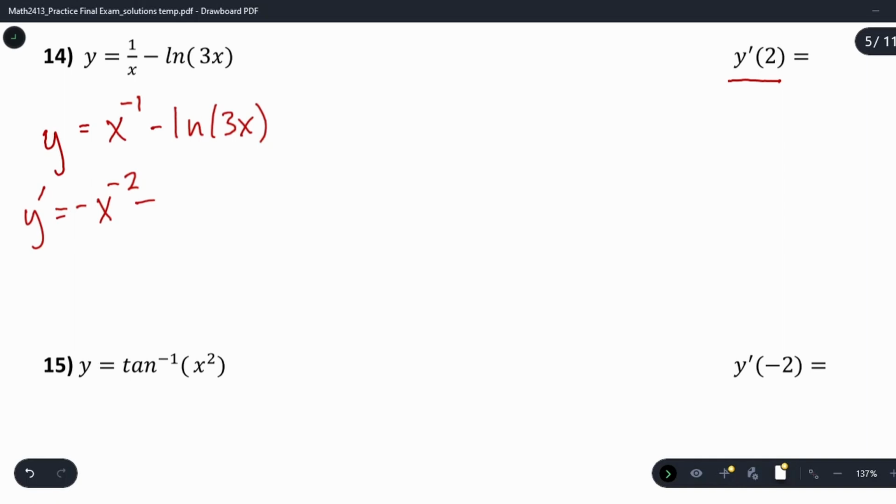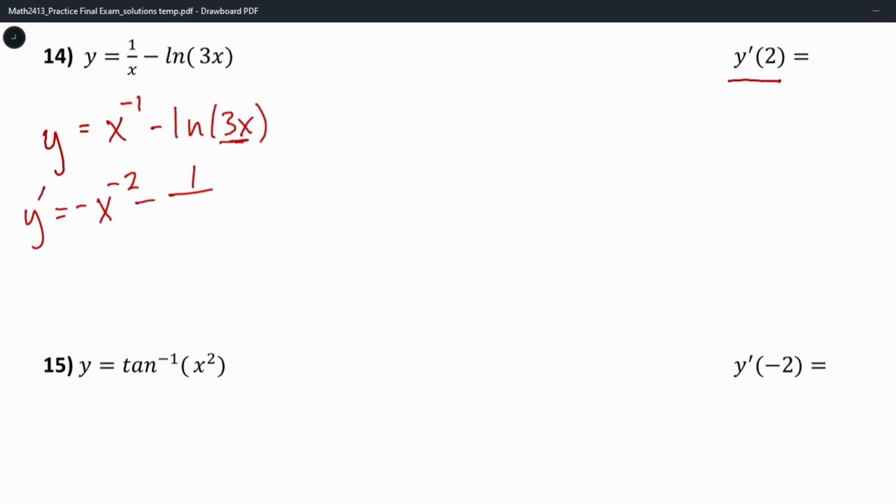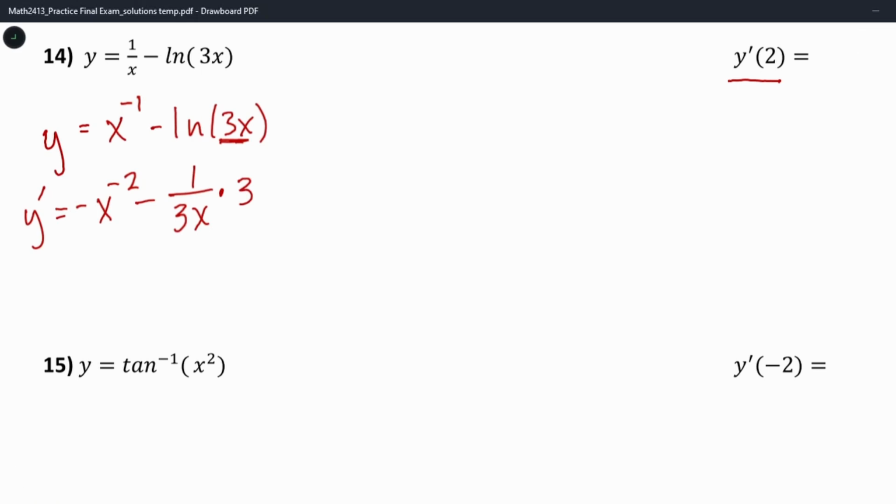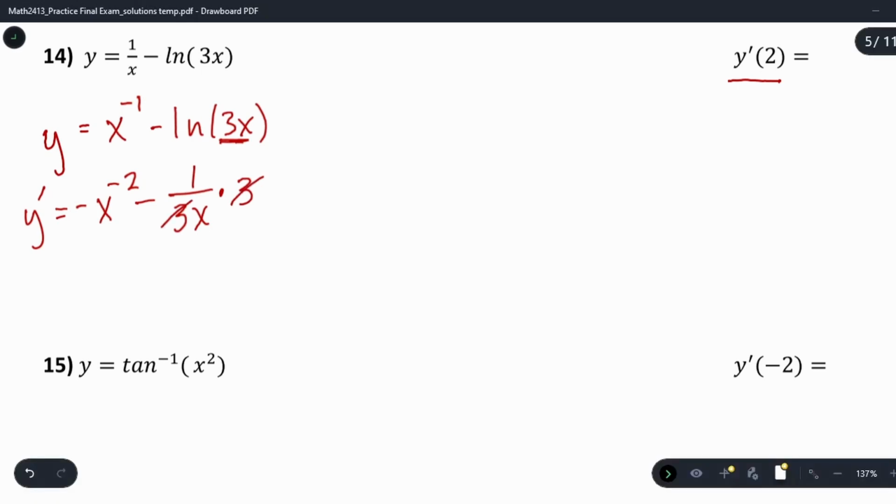minus the derivative of natural log is 1 over x, but that's if the thing you're taking the natural log of is just x. So since this is 3x, that's going to be 1 over 3x multiplied by the derivative of the stuff inside using the chain rule. And then these 3's will reduce out, and we can now evaluate at 2.